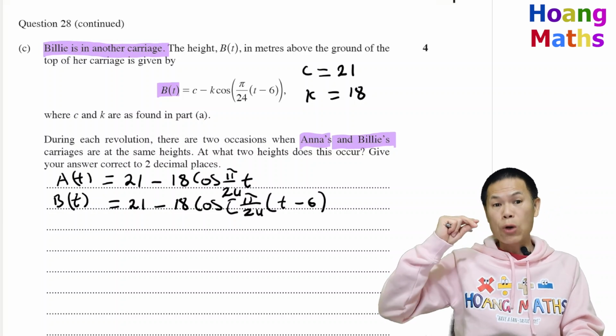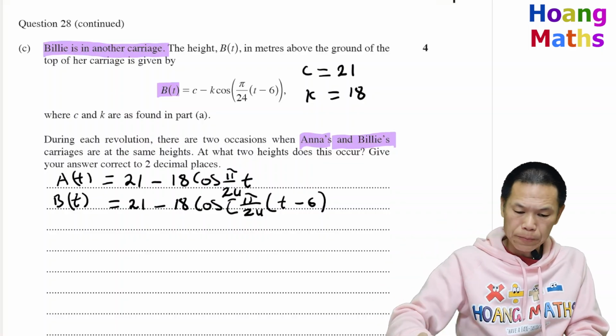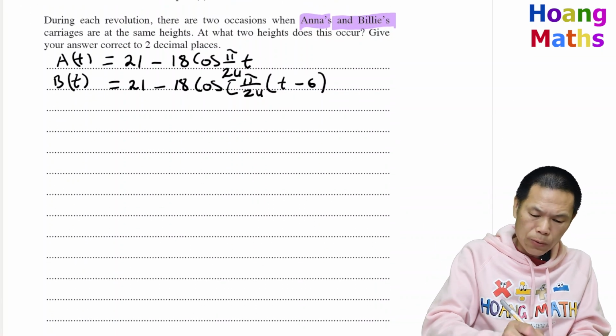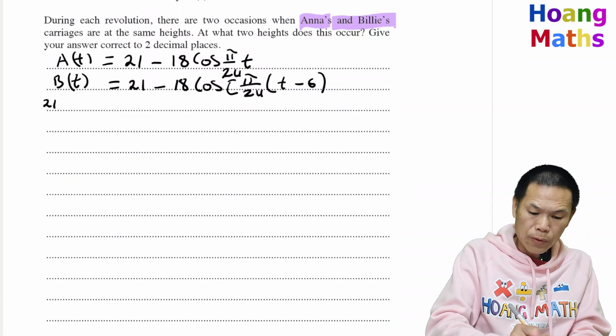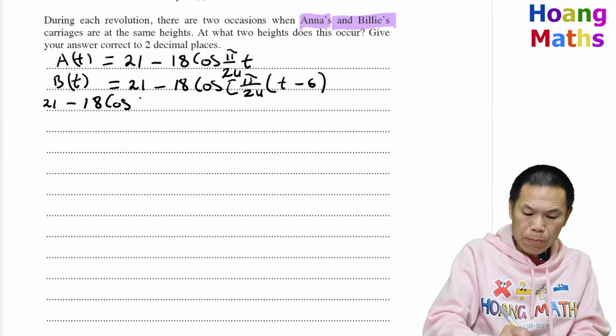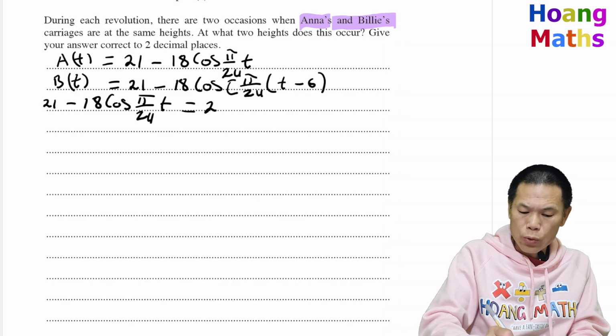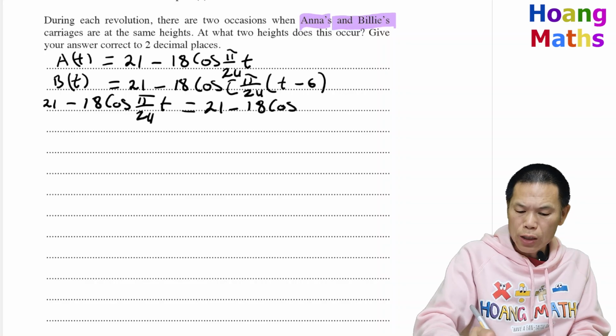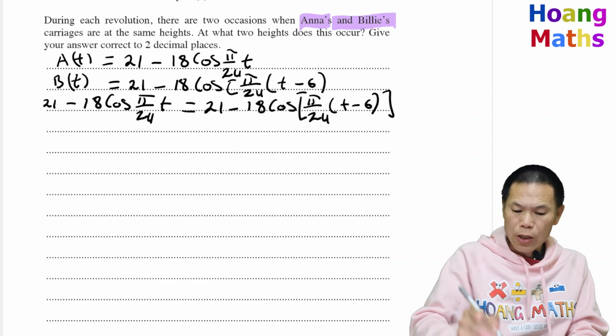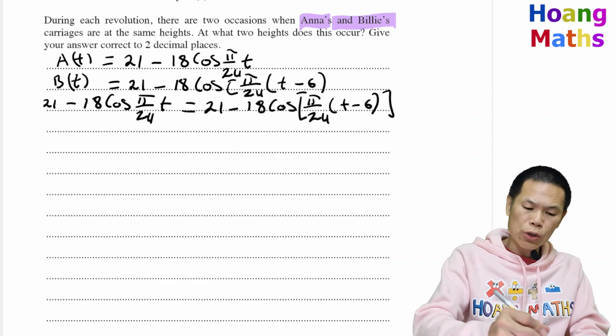So we just equate them and solve for t. So 21 minus 18 cos(πt/24) is 21 minus 18 cos of π/24 (t minus 6). Now we just solve for it.